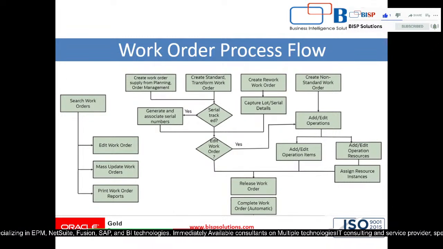So if your item is released, then you can generate your serial number for that particular item. You can generate lot number for your item as well, right? You can do that from the beginning of the work order. You can do that in a particular specific operation as well, right? This is the serial number tracking, right?